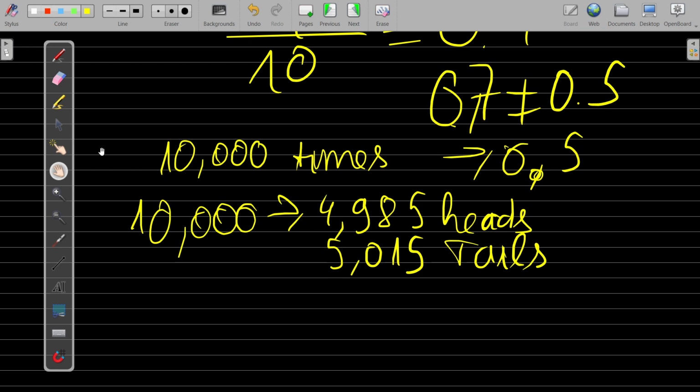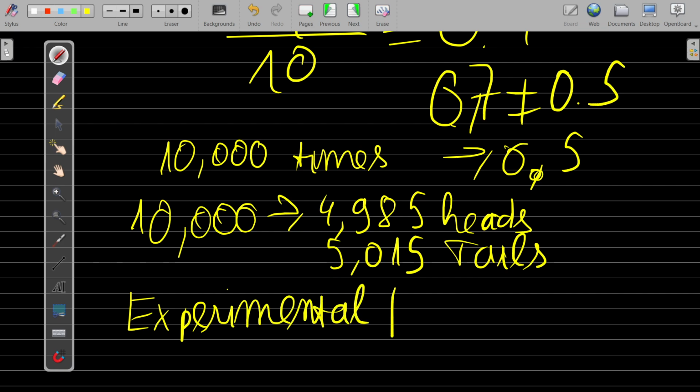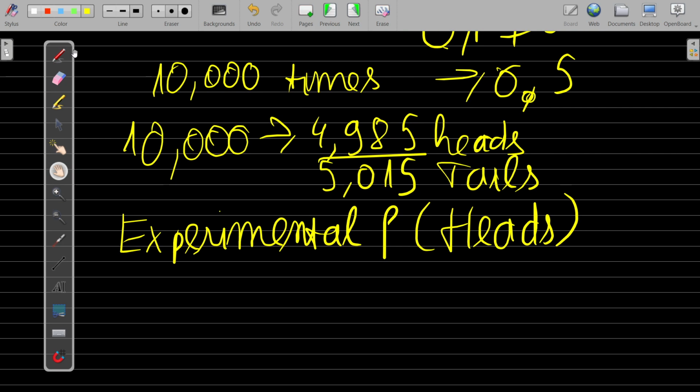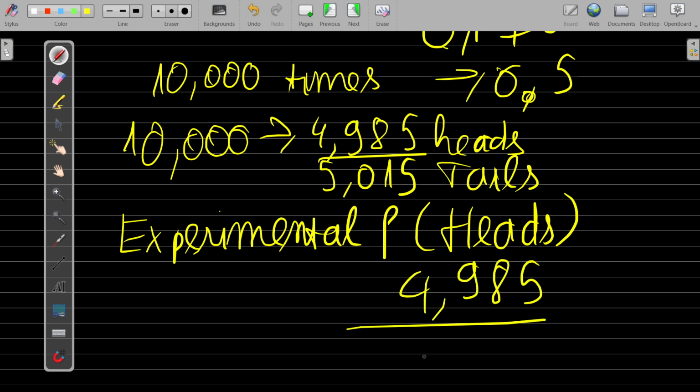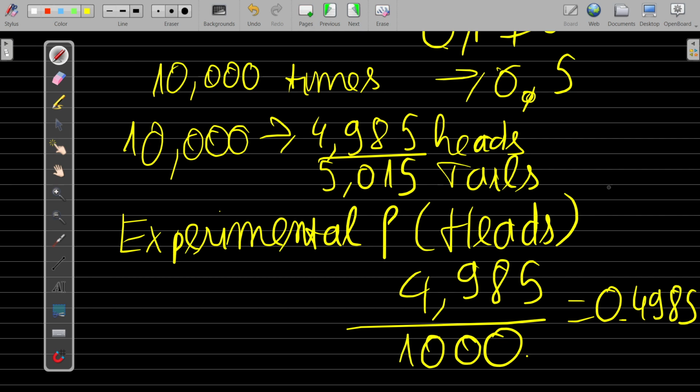And so what we need to calculate now is the experimental P of heads. We're going to take the number 4,985. When we divide it by 1,000, this should give us 0.4985. Now, notice that it's actually very close to 0.5 now.